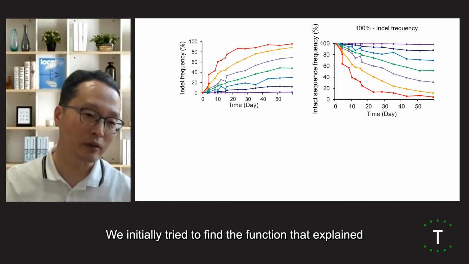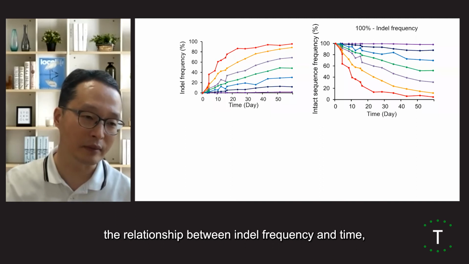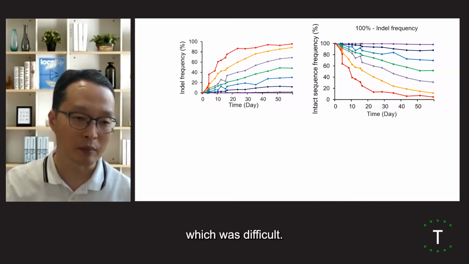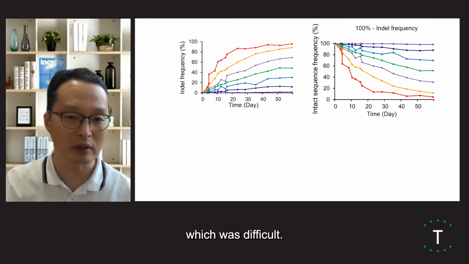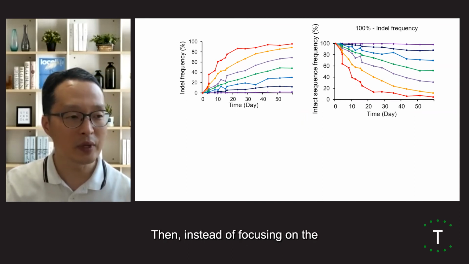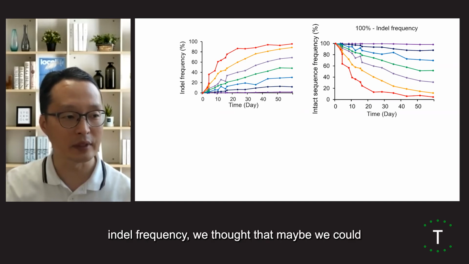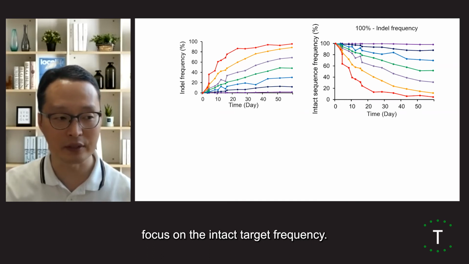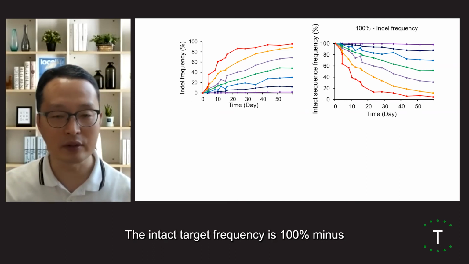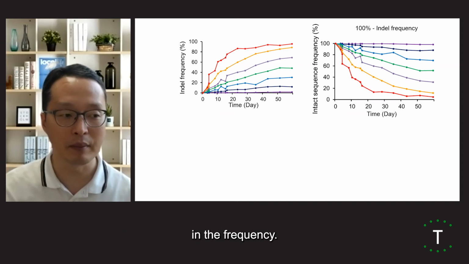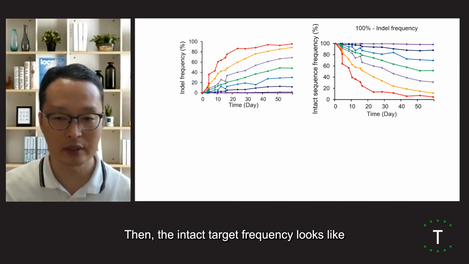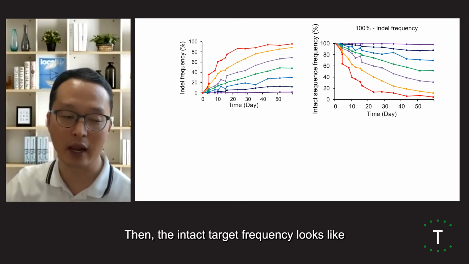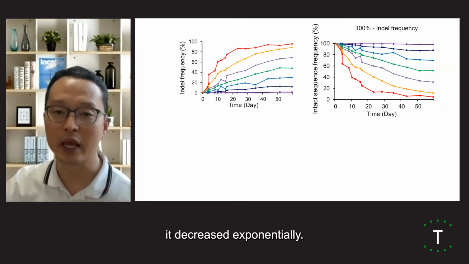We initially tried to find the function explaining the relationship between indel frequency and time, but that was difficult. Then instead of focusing on the indel frequency, we thought that maybe we can focus on the intact target frequency. The intact target frequency is 100% minus indel frequency. Then the intact target frequency looks like it decreases exponentially.